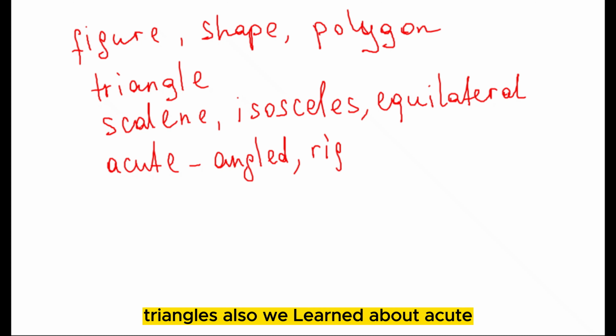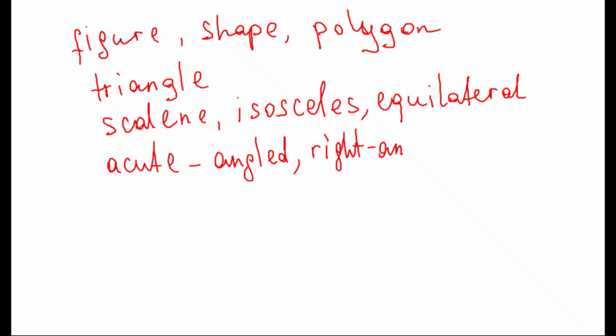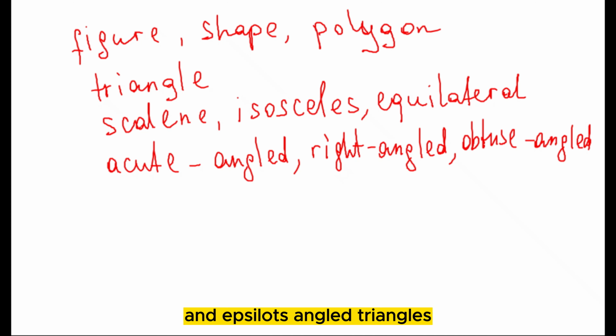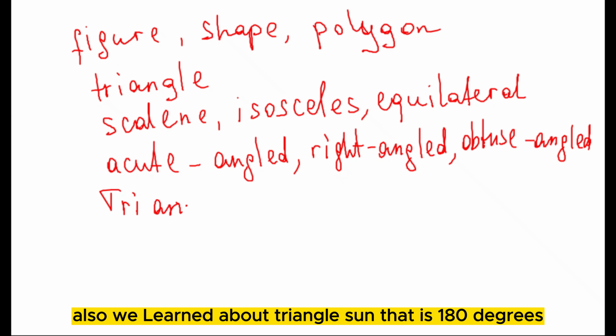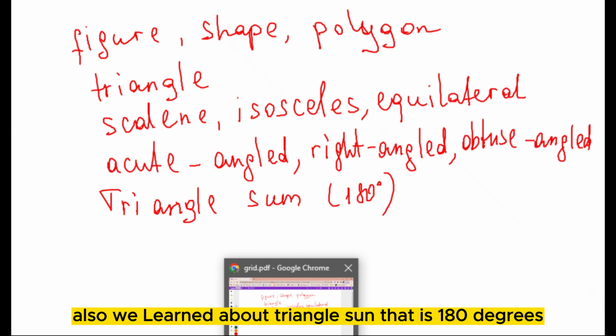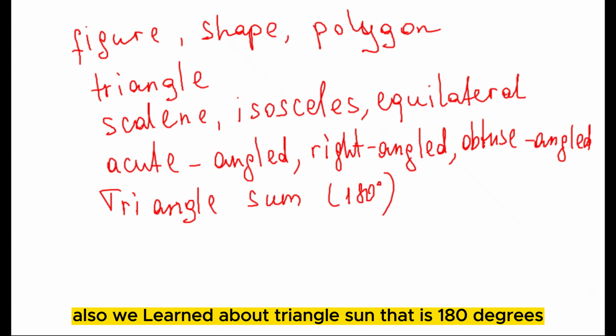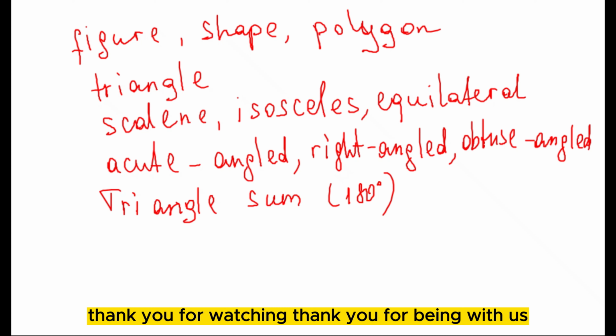Also, we learned about acute angled, right angled, and obtuse angled triangles. Also, we learned about the triangle angle sum. That is 180 degrees.